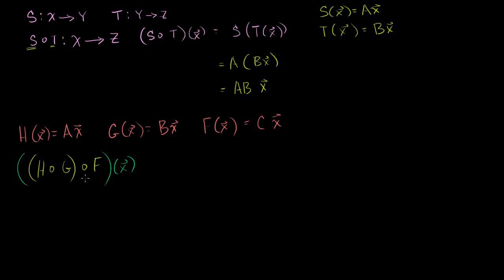So let's explore what this is a little bit. By this definition right here of what composition even means, we can just apply that to this. We could imagine this as being our S, and this is our T. If we just do a straight-up pattern match, this is going to be equal to the transformation S applied to the transformation f applied to x.